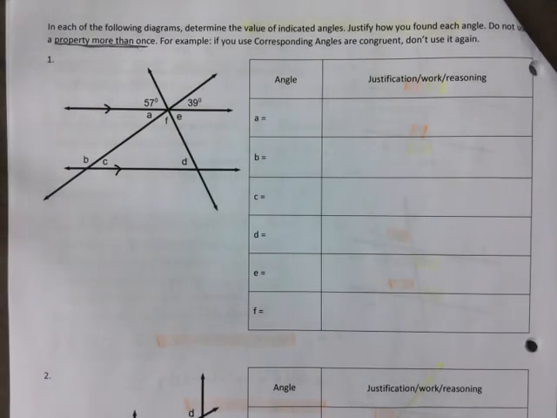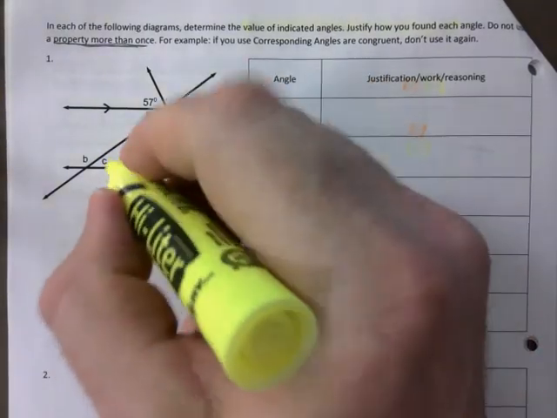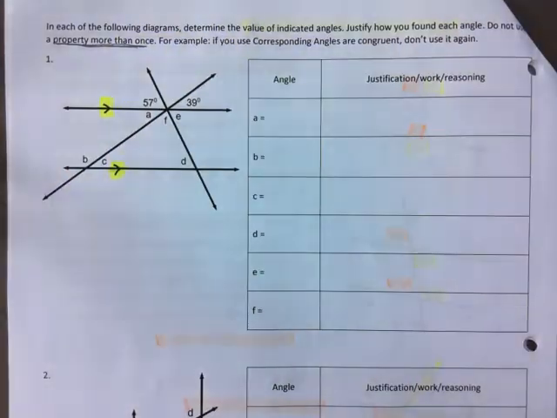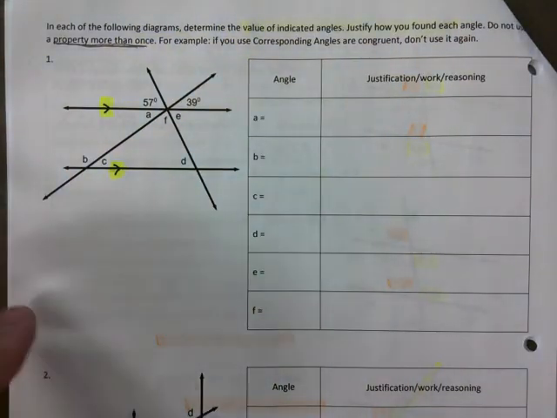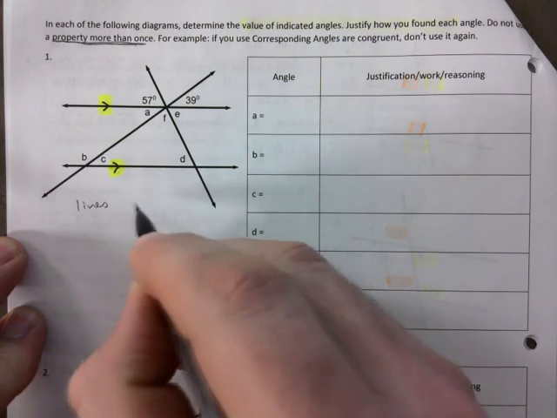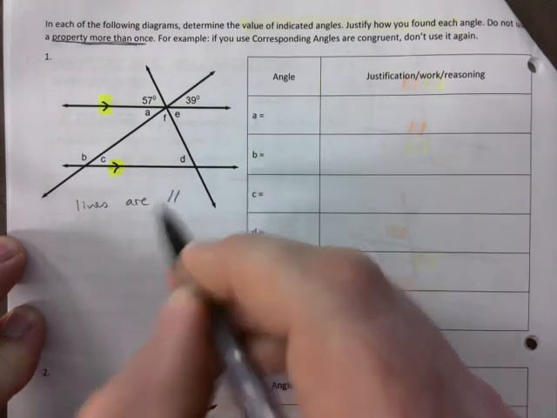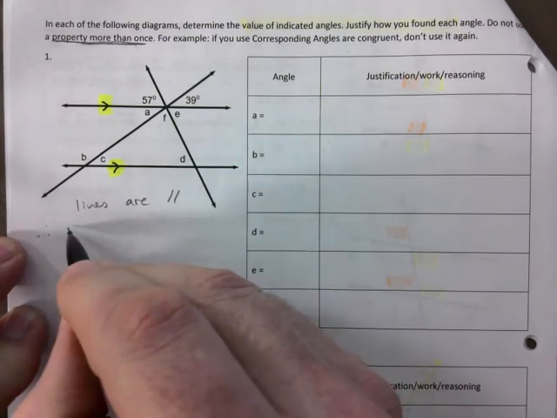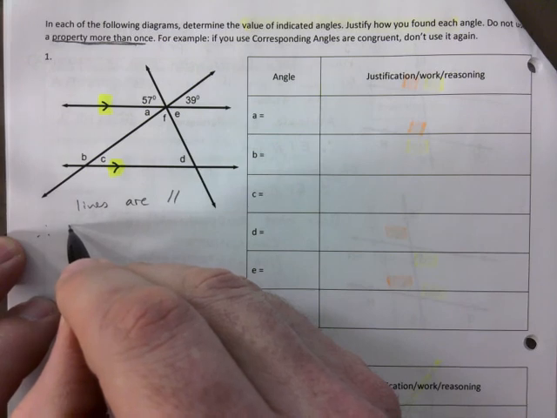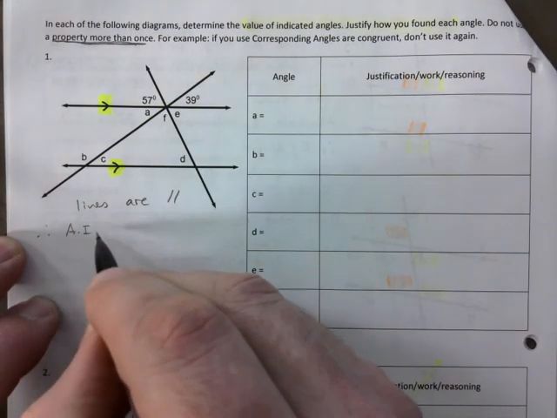This is not showing whether or not lines are parallel. We are told lines are parallel, okay? Lines are parallel, therefore, how about this?